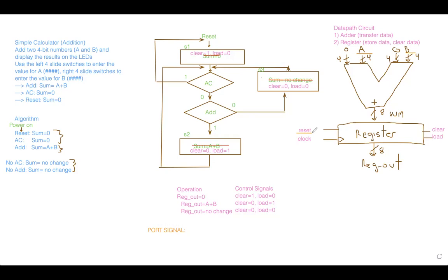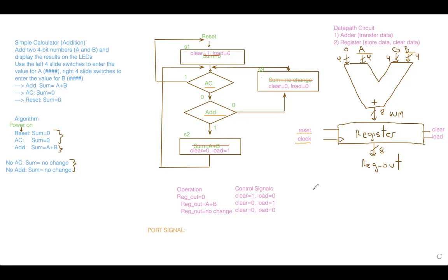The user can also clear and add, so they can hit AC or the add button. And then the clock, this one's a little weird. The clock is internally connected with the FPGA, so the user needs to do that. You remember in our labs how we had to connect up the clock as one of the signals.